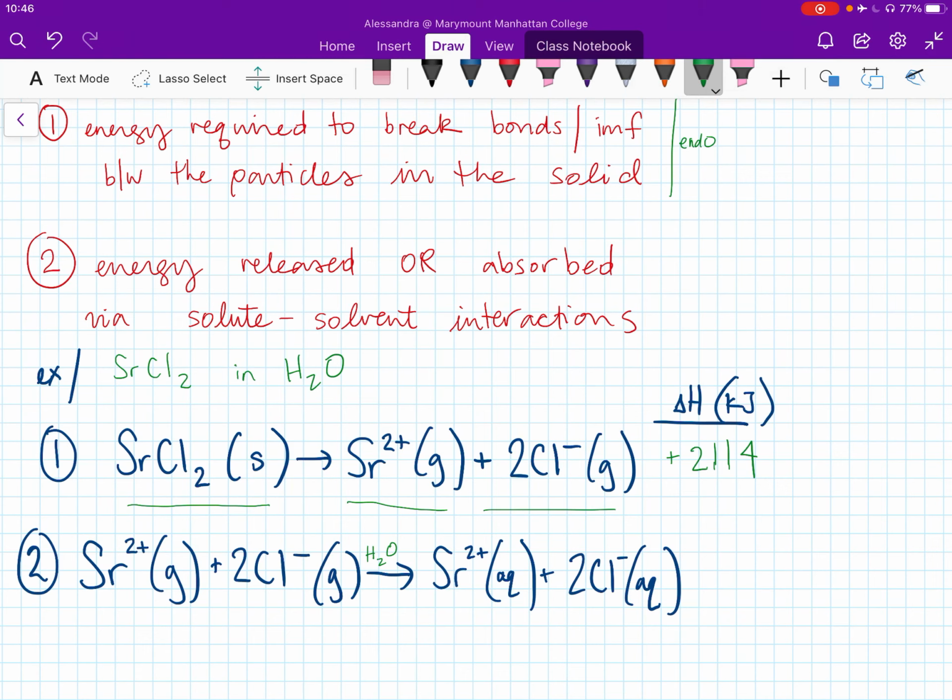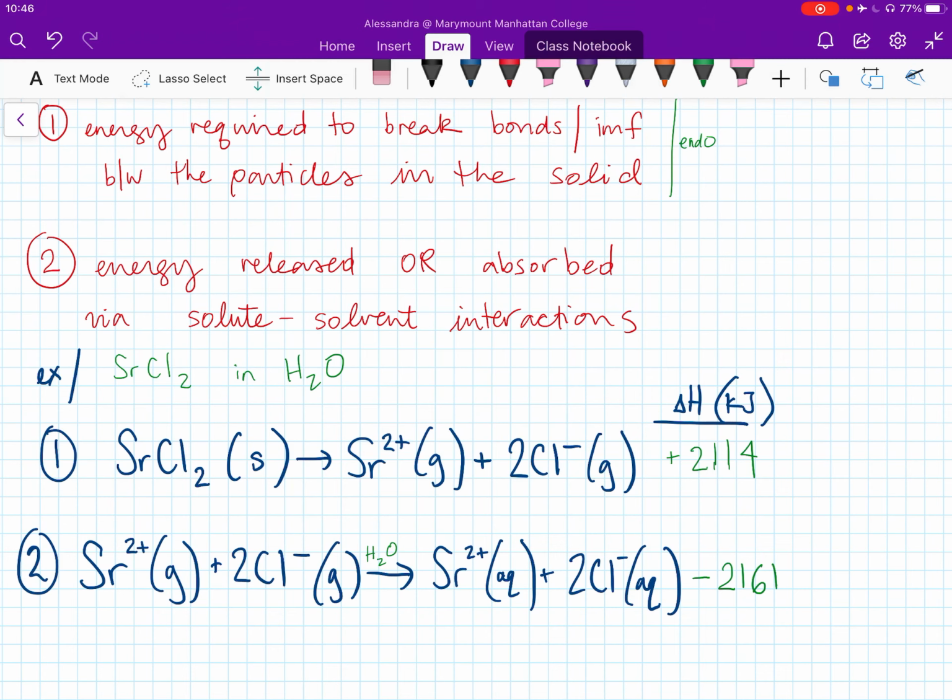That is a very exothermic process. So I'm going to have 2,161 kilojoules of energy released. This process is known as the heat of hydration.